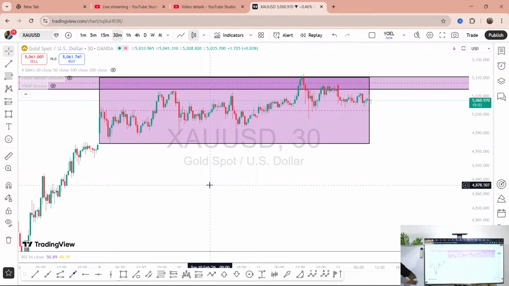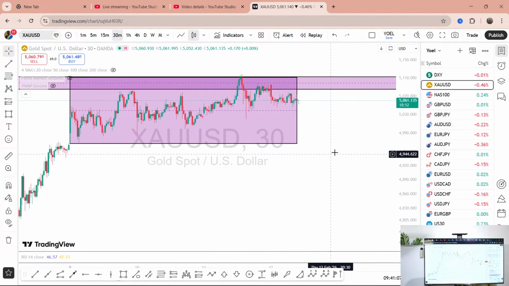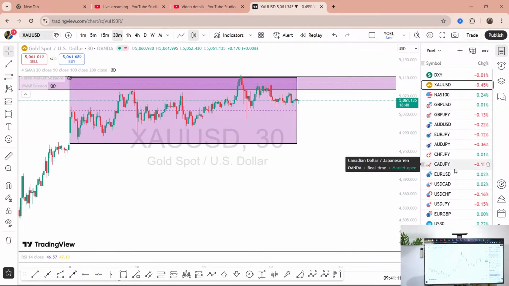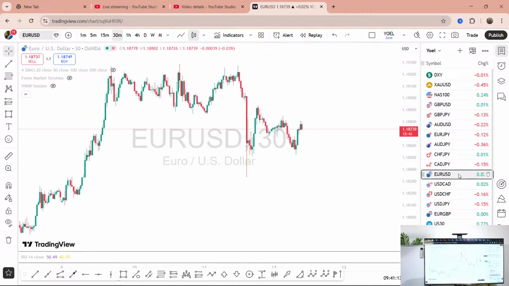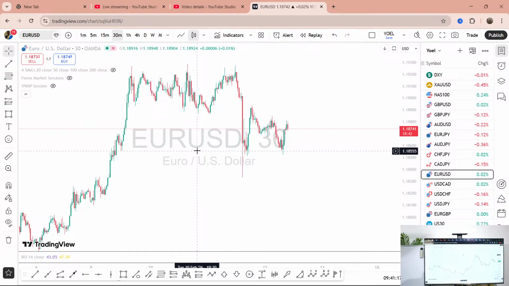So that's on gold. The next thing you do, you now look for other assets you want to trade. Let's say, let's look at Euro USD. Anchor time frame. The same approach. You apply the same approach. You go to your anchor time frame.